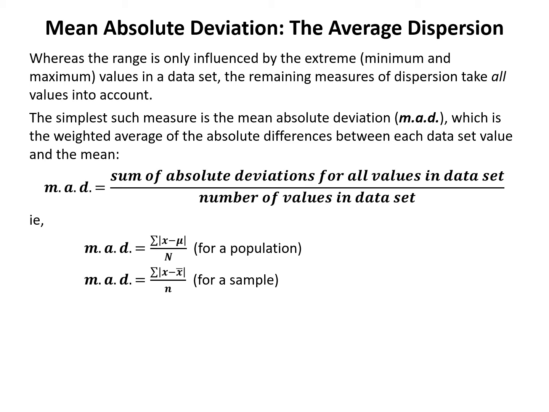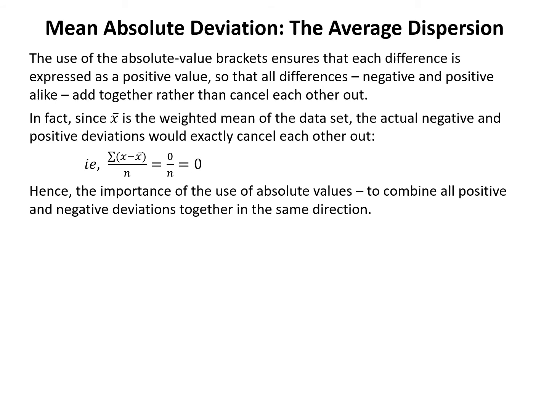Now, for a particular data set, these are basically equivalent equations, so you'll get the same value for the MAD whether you treat a data set as a population or as a sample. The purpose of the absolute value brackets in the calculation of the mean absolute deviation is to ensure that each difference is expressed as a positive value.